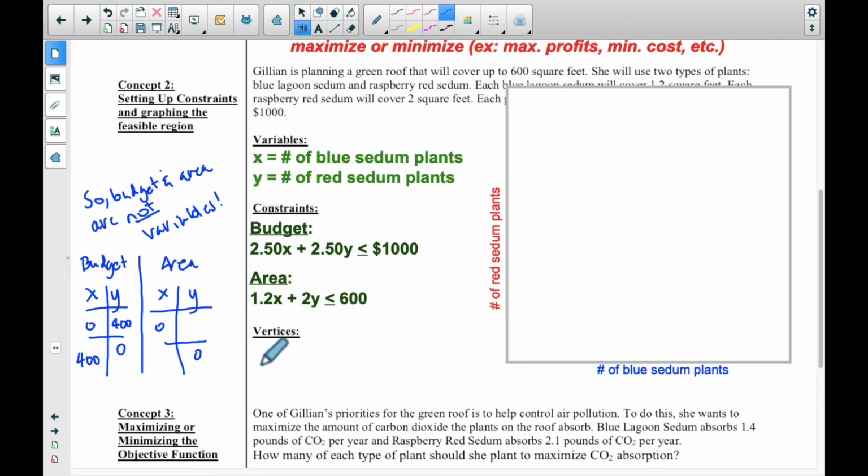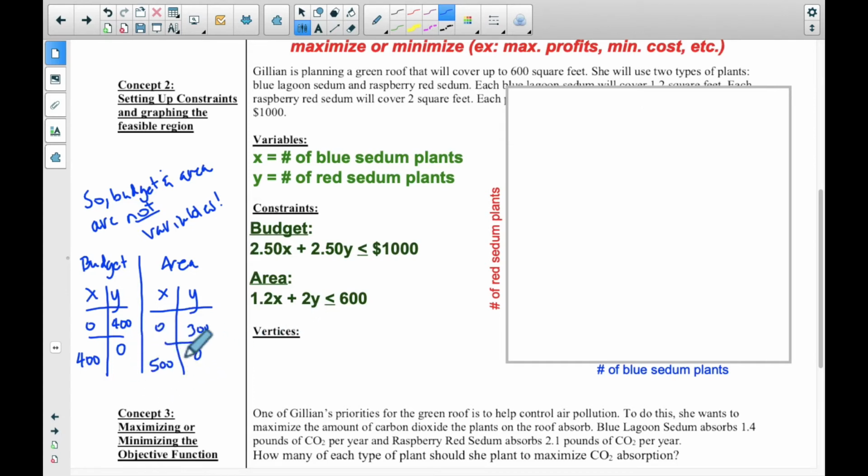Okay, let's talk about the area. Again, we're going to cover up the y, 600 divided by, we should have gone the other way. We should cover up the x, and 600 divided by 2 is 300. Cover up the y, 600 divided by 1.2 is 500.